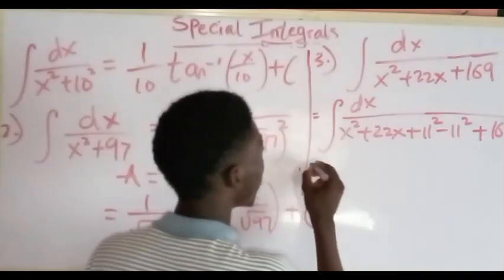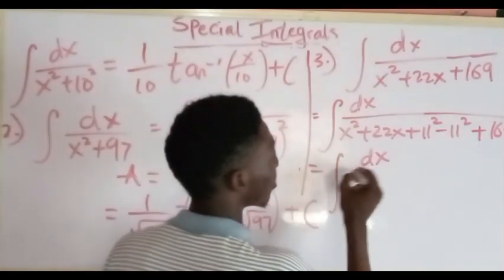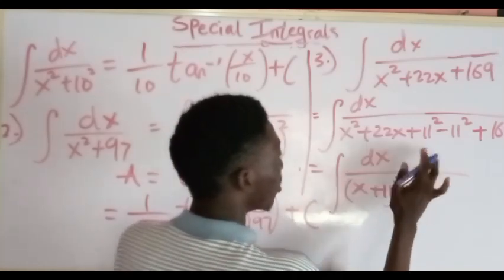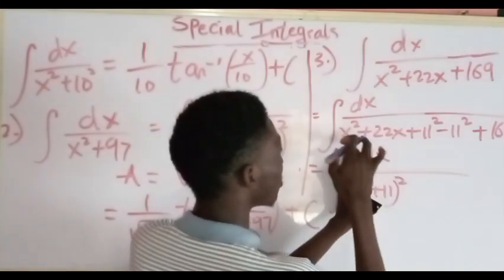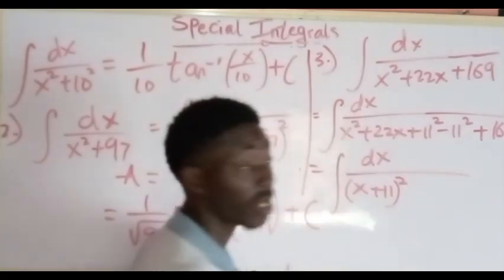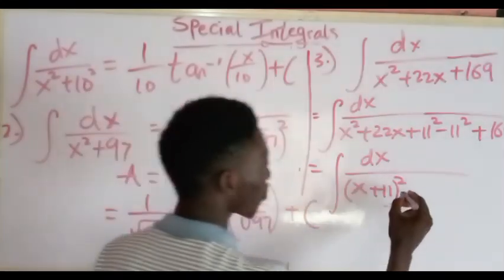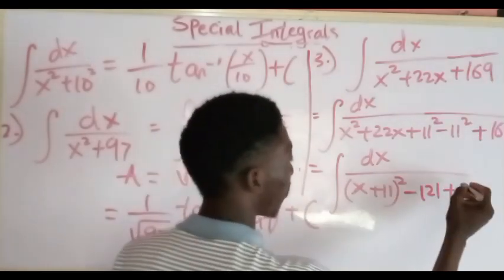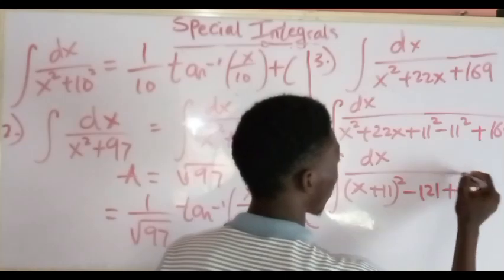So therefore, this becomes x plus 11 all squared. These three terms become this: one of this and one of this, and you square it. Here becomes minus 121, because 11 squared is 121, plus 169.